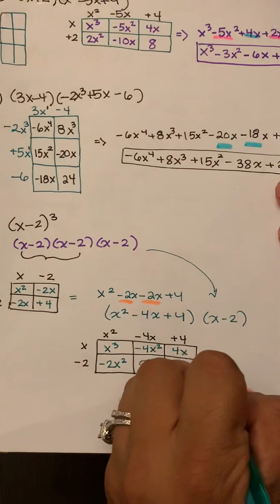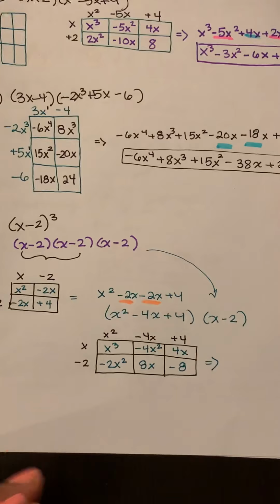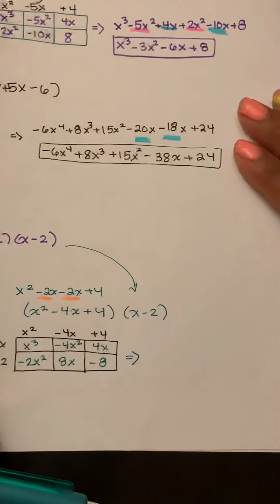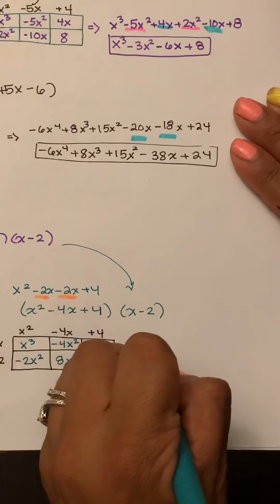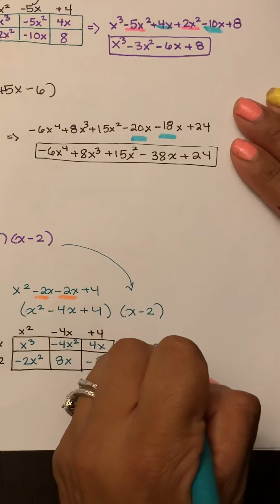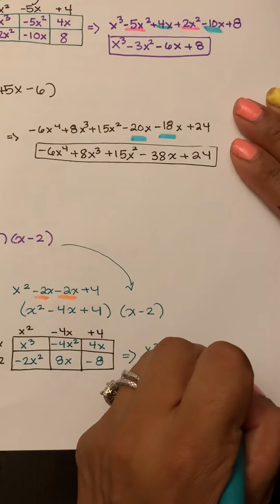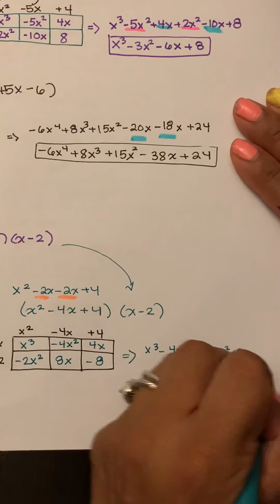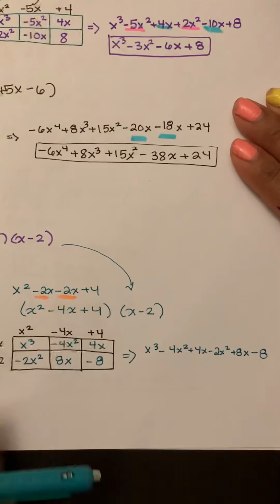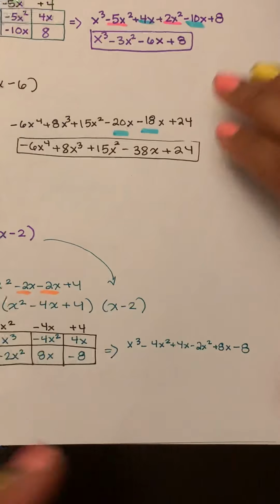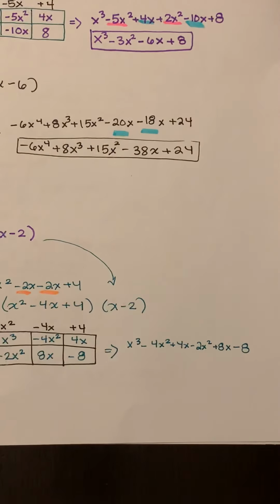Combine like terms. So you can simply write it out. Okay, and what do we have here?